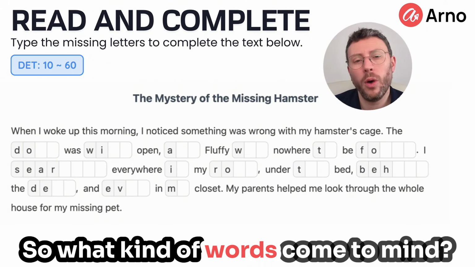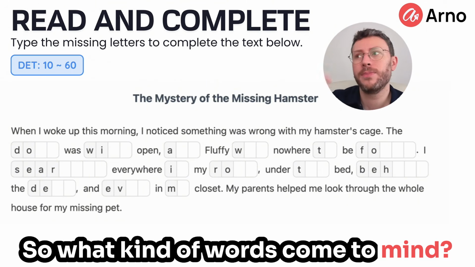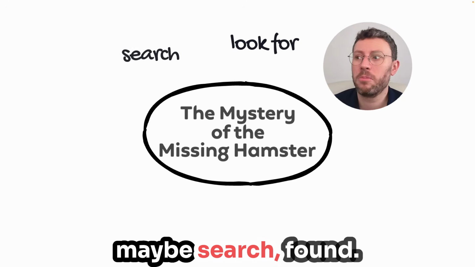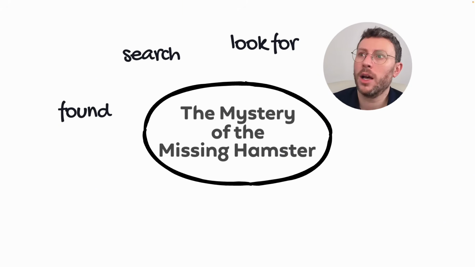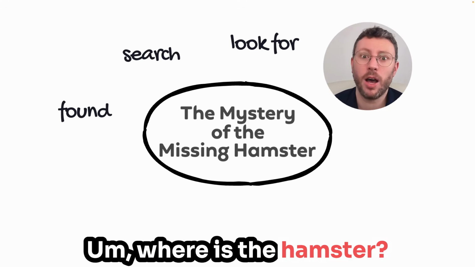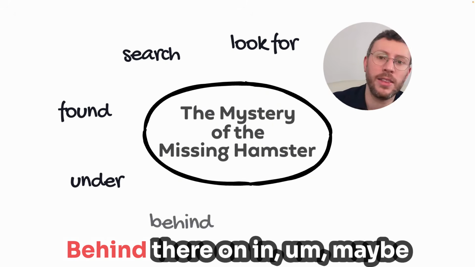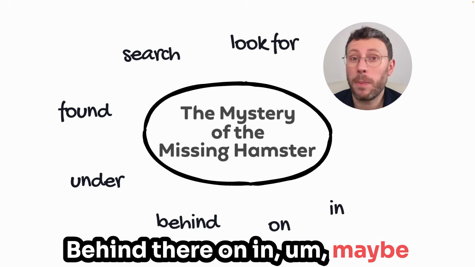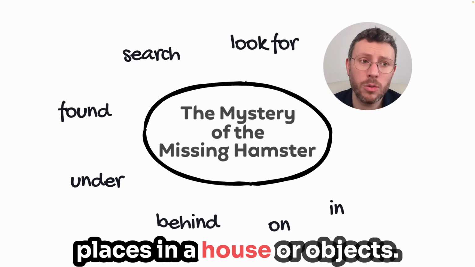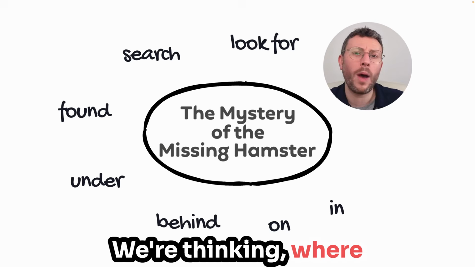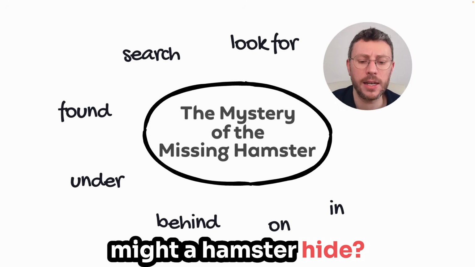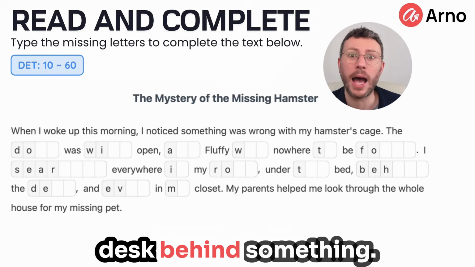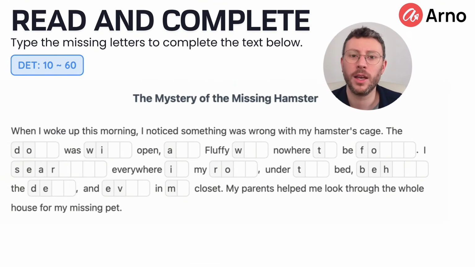So what kind of words come to mind? I just said look for, so maybe search, found. Where is the hamster? Under here, behind there, on, in. Maybe places in a house or objects. We're thinking, where might a hamster hide? Under the sofa, under a desk, behind something.